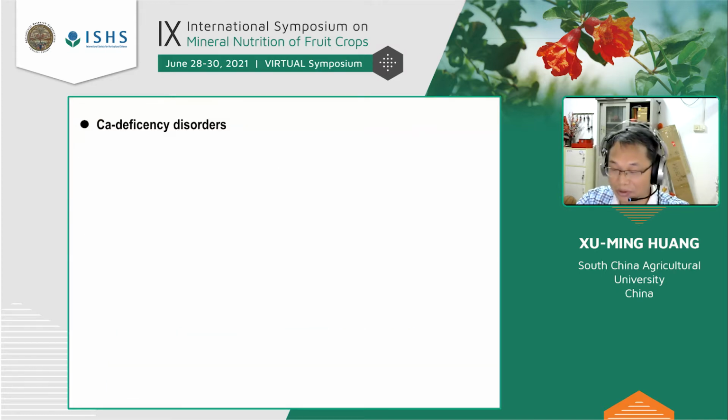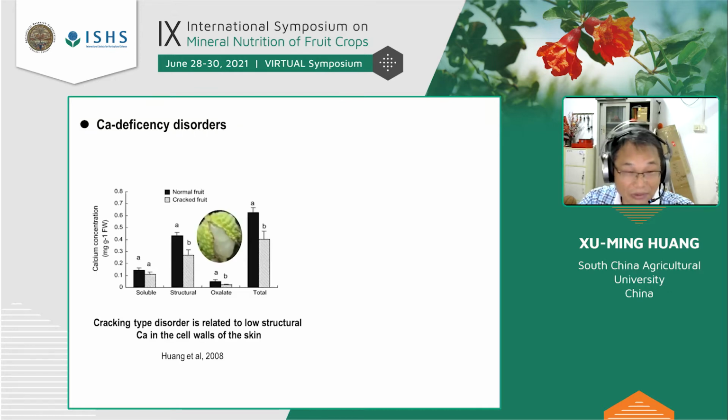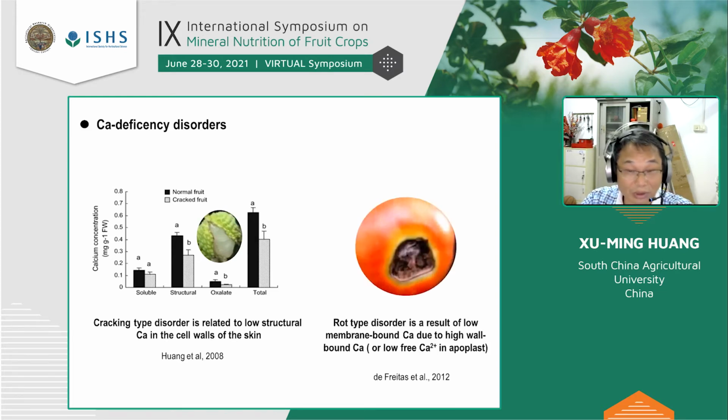Calcium deficiency disorders include cracking type disorder, which is related to low structural calcium in the cell walls of the fruit skin. And the rot type disorder is a result of low membrane bound calcium due to high cell wall bound calcium or low free calcium in the apoplast.